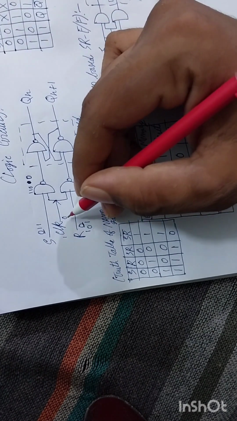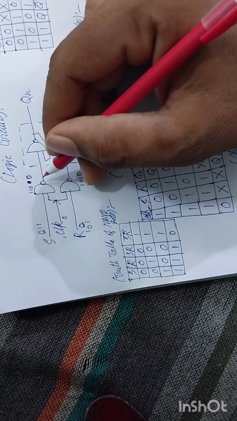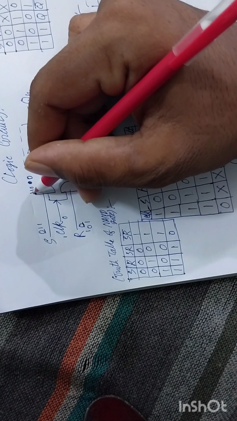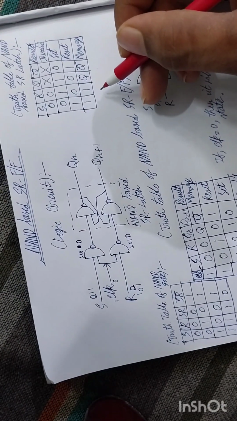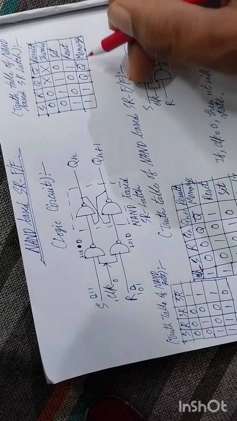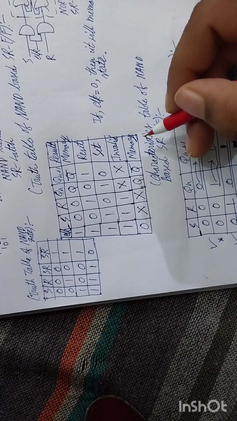If the clock is 0, the output of these two NAND gates will be 1 and 1. So for 1 1, if we follow the truth table of NAND based SR latch, we will find that for 1 1 it is Q bar, it means memory state. So if the clock is 0, it will be memory state.